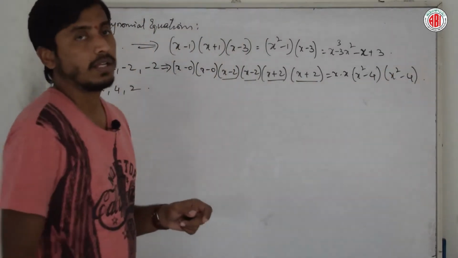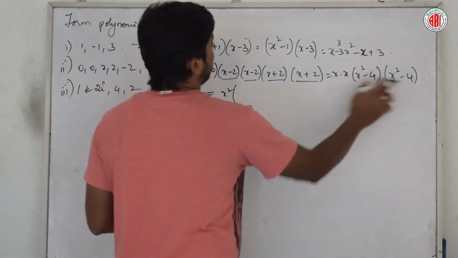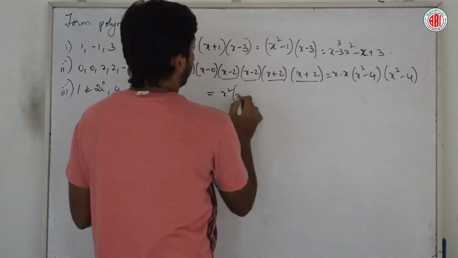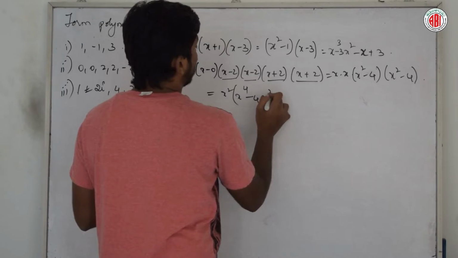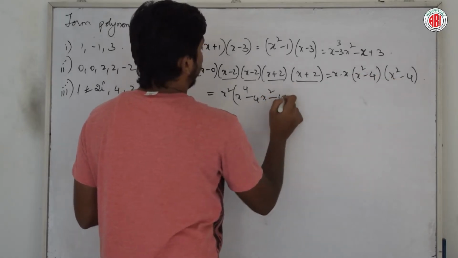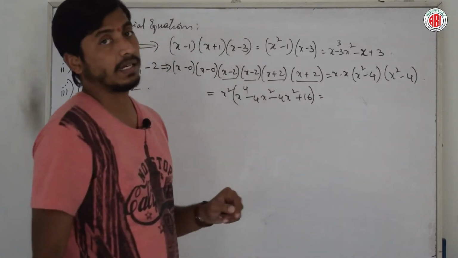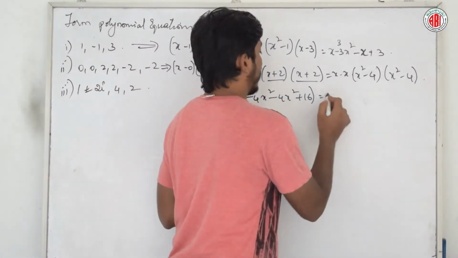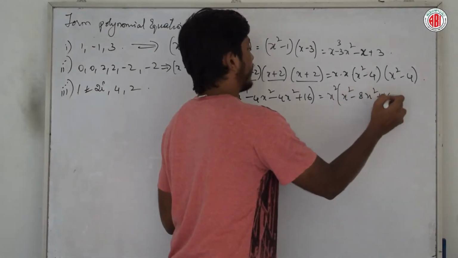Is it right? So let me put x square outside only and let me multiply these two terms. X square into x square is x power 4 minus 4x square minus 4x square plus 16. Is it? So this goes like x square into x square minus 8x square plus 16.